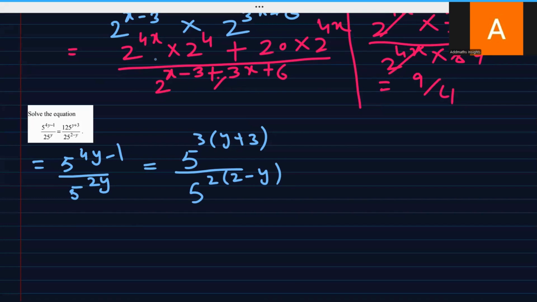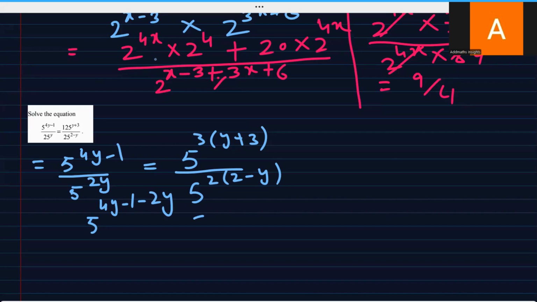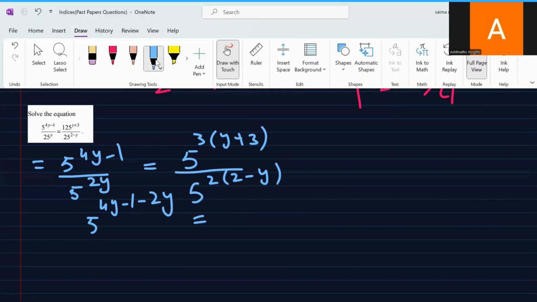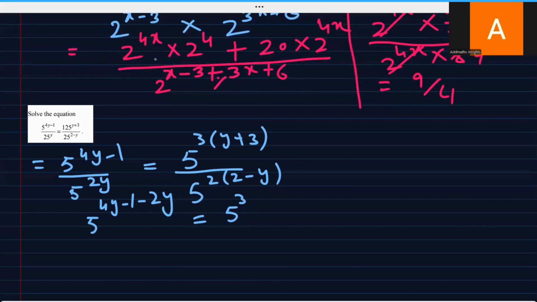Then you know the bases are the same, so you can write 5 raised to the power 4y minus y minus 2y is equal to, when you open it, 5 raised to the power 3y plus 9, and after expansion it becomes minus 4 and plus 2y.